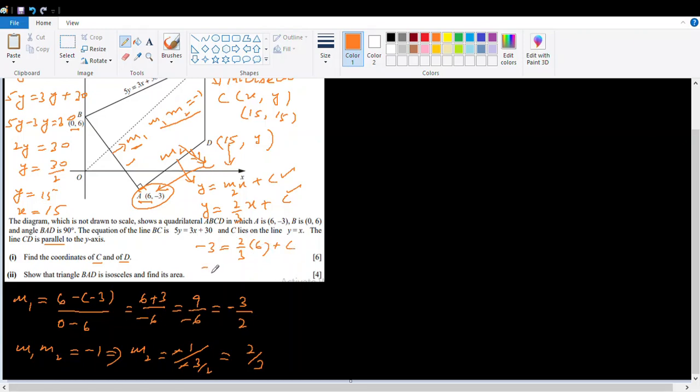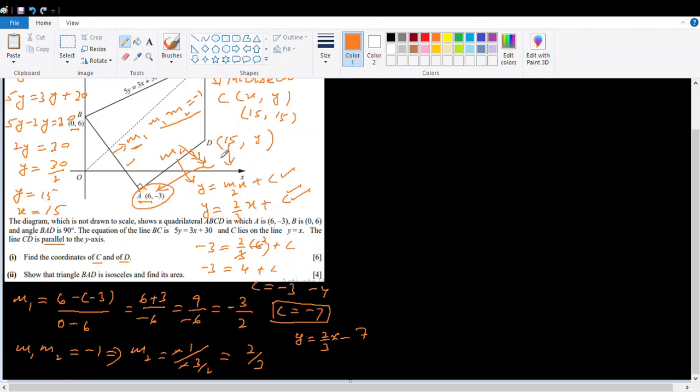So 2 times 2 is 4 plus c, and c is equal to minus 3 minus 4, c is equal to minus 7. So this equation is going to be y equals 2 over 3 x minus 7.